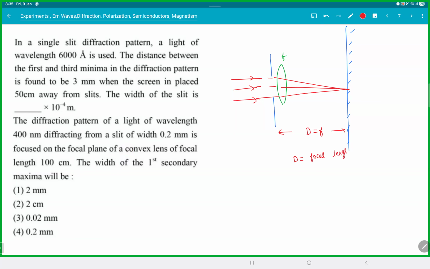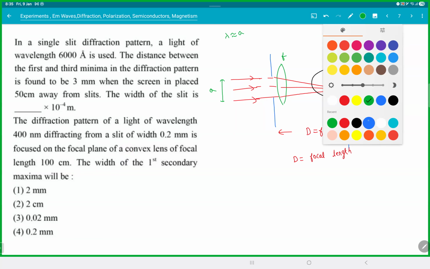And hope you remember how the pattern forms. You get a central maxima and then you get small minimas actually. The width of the central maxima is 2 lambda D by small a, where small a is the width of the slit. And lambda must be almost equal to a for diffraction. This position here is your first minima.